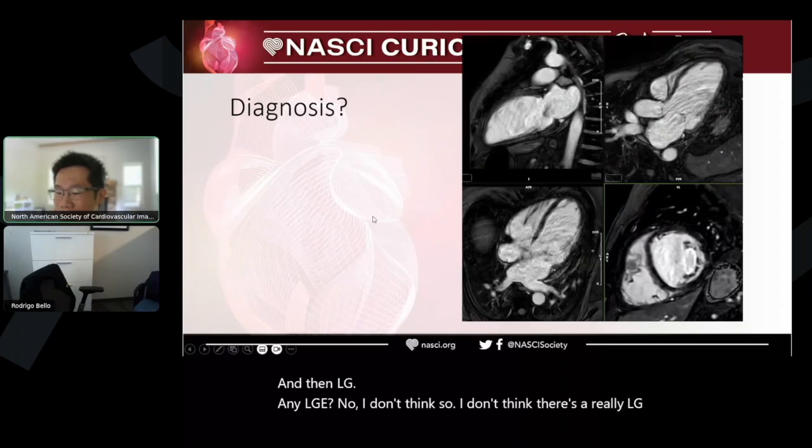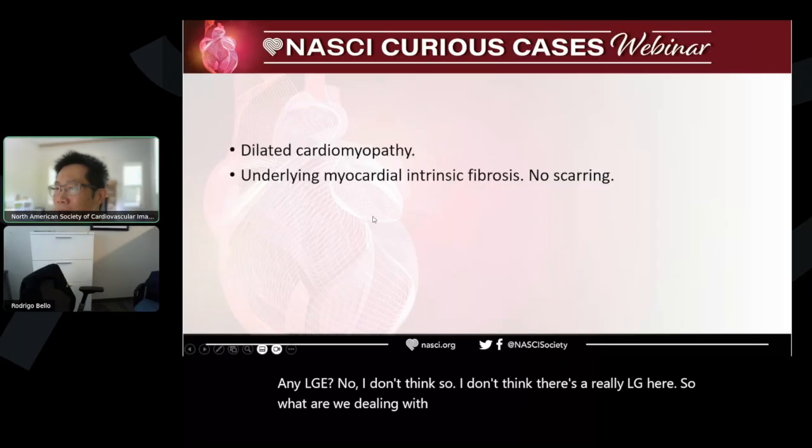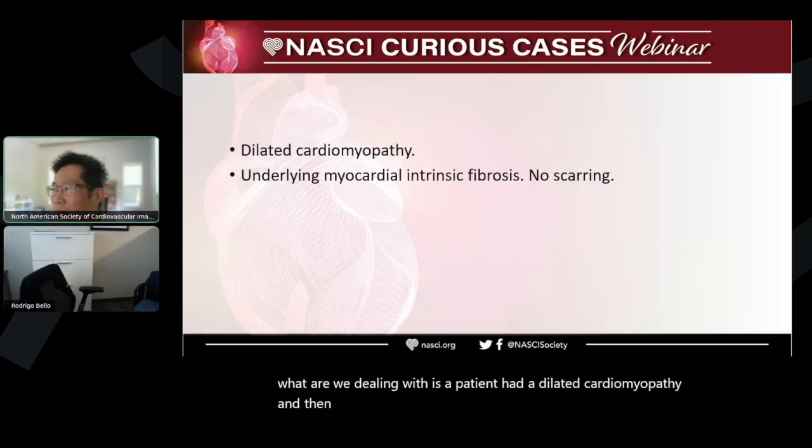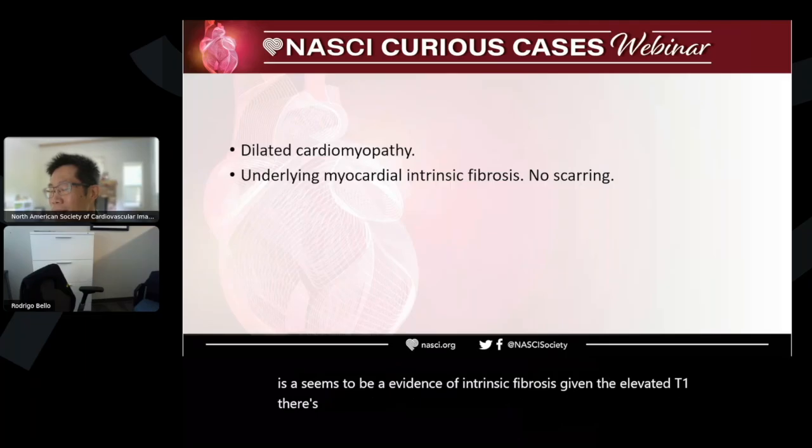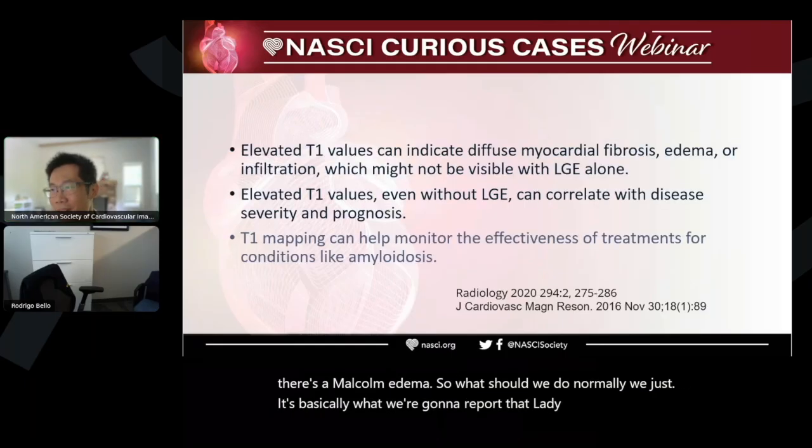So what we're dealing with is a patient with dilated cardiomyopathy, with no myocardial scarring based on the LGE, but there seems to be evidence of intrinsic fibrosis given the elevated T1. There's probably borderline to mild myocardial edema. So what should we do? Normally we just report dilated cardiomyopathy but no scarring.